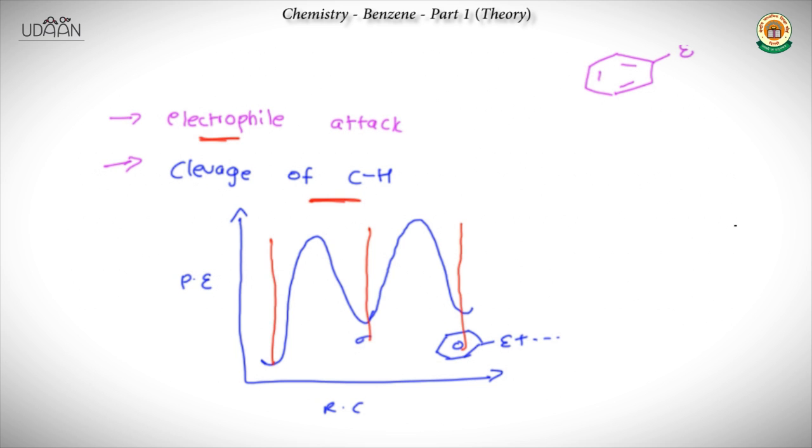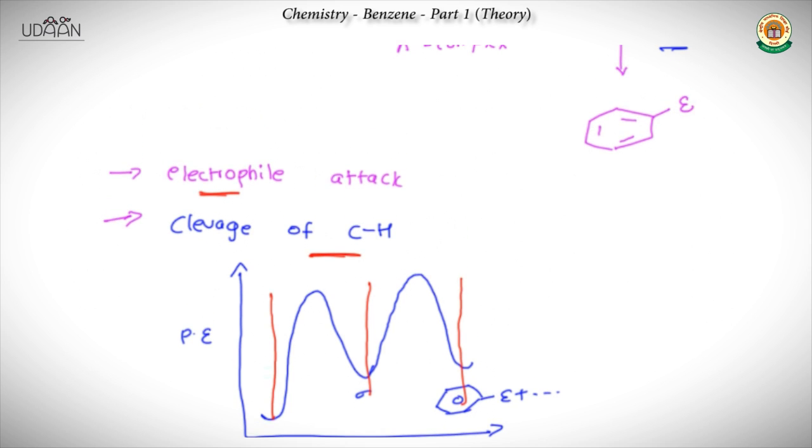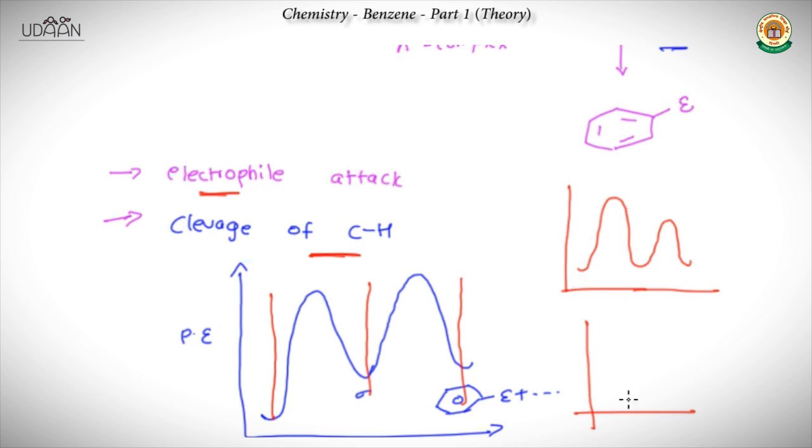Now for some reactions the graph can be like this, or the graph can be even in this way, or sometimes the graph can be even this way.